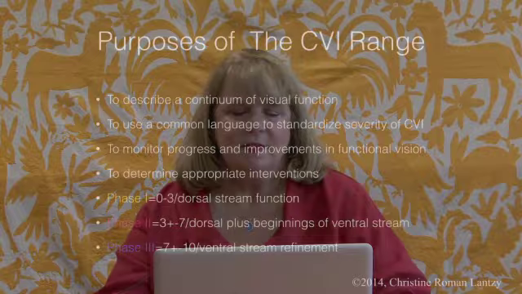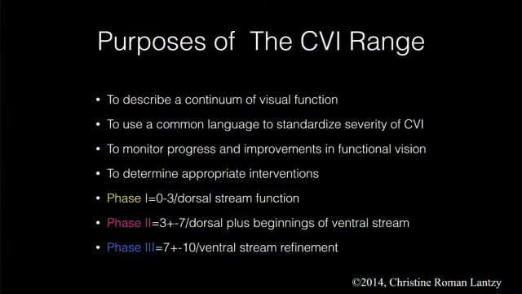So the purposes of the CVI range are to describe a continuum of visual function, to use a common language to standardize the severity of CVI, knowing that phase 1 and phase 3 have really very distinctly different aspects to them, and phase 2, of course, describes yet another degree of severity.